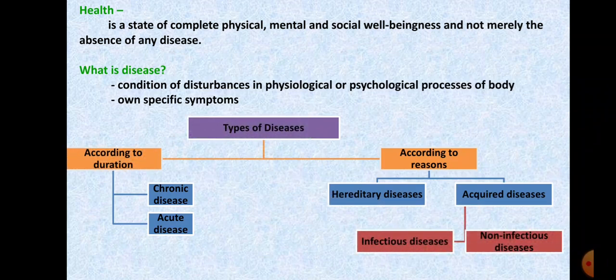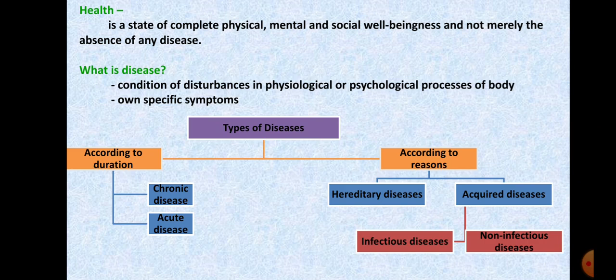Then we have to study about the different types of diseases. The diseases are divided into two types. First, on the basis of the duration, for how long they last, and second one is on the basis of the reasons, how we get infected with these diseases. What are the reasons?